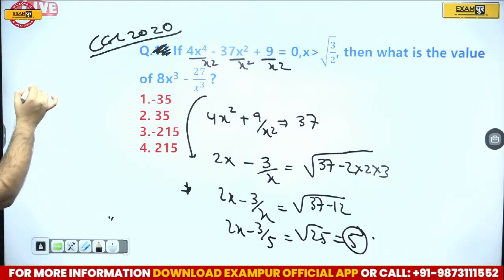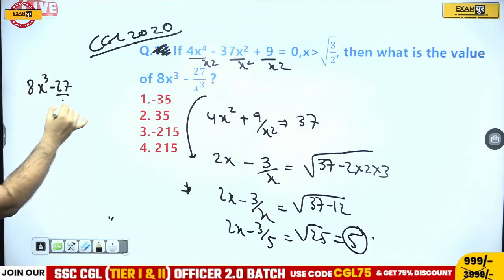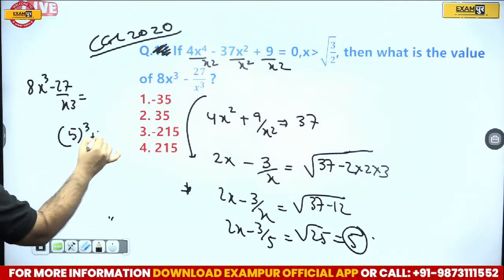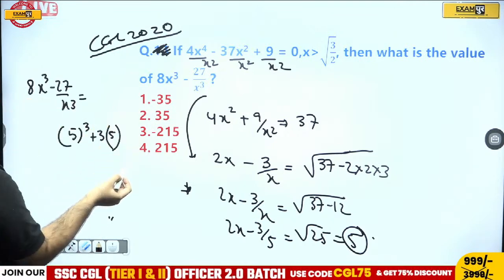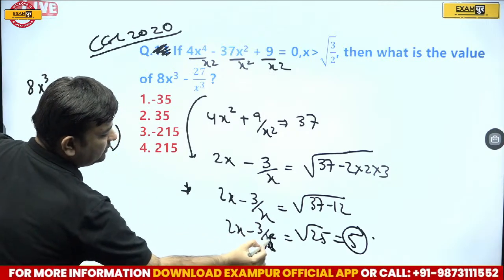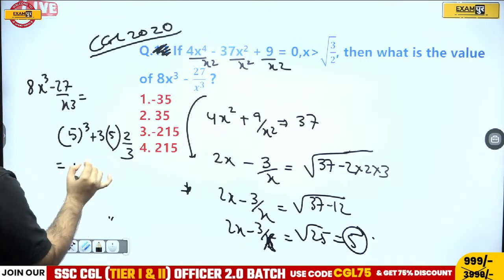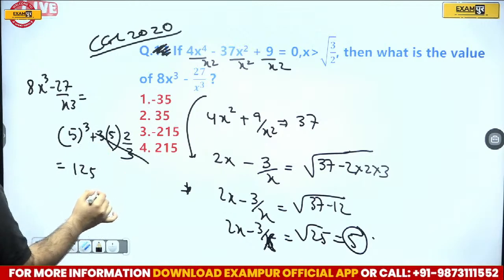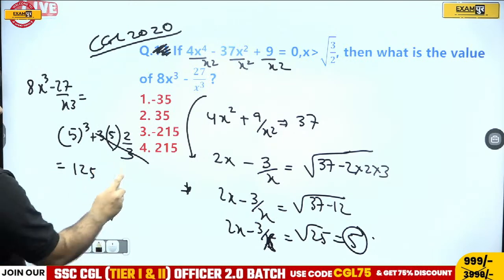Now cube it. 8x cube minus 27 by x cube is a cube plus 3a. Coefficients are 2 and 3, in the multiplication.